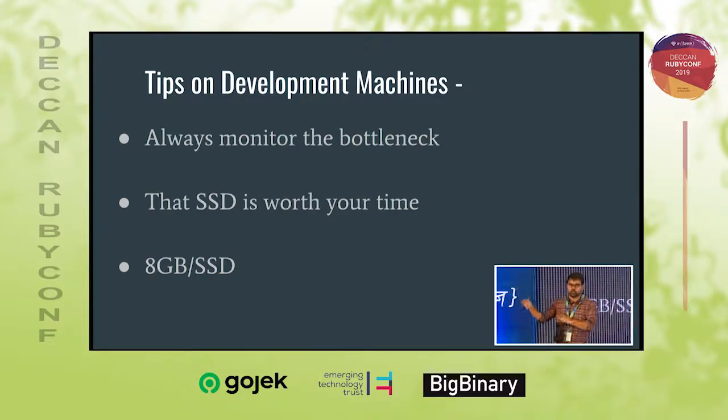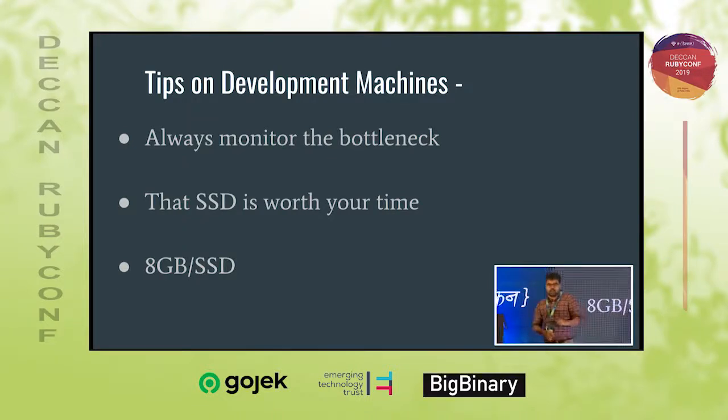Some of your team members might face these issues, and it's always good to monitor the bottleneck and check whether it's the processor or the memory that is the bottleneck. In most cases, it will be the memory.